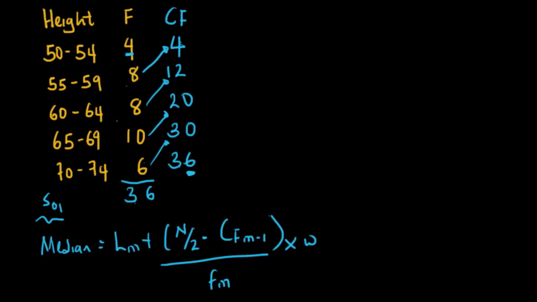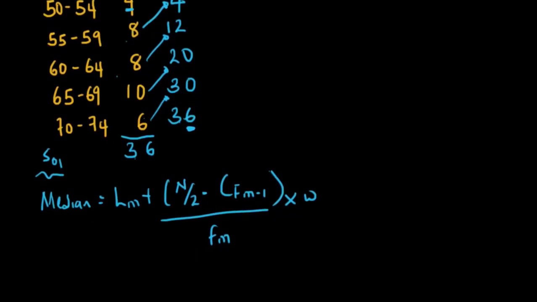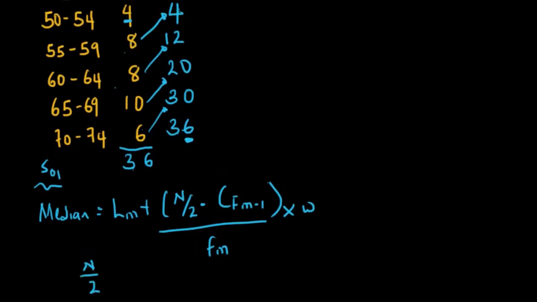So now after finding the cumulative frequency, the next thing you want to find is what we call the median class. Now how do you find the median class? All you need to do is n over 2. Remember, n is the total frequency, and we have it as 36, so we have 36 over 2, which is 18.